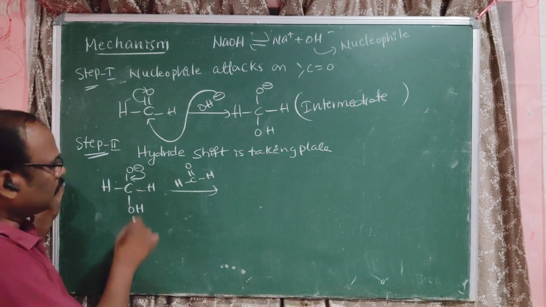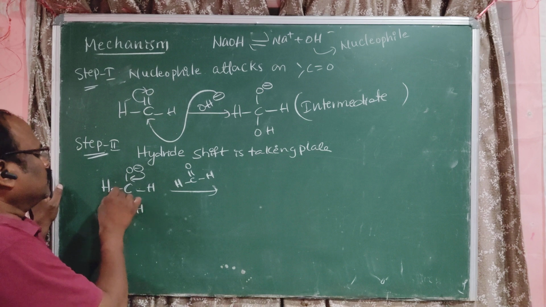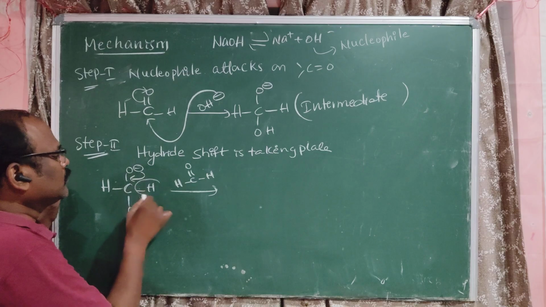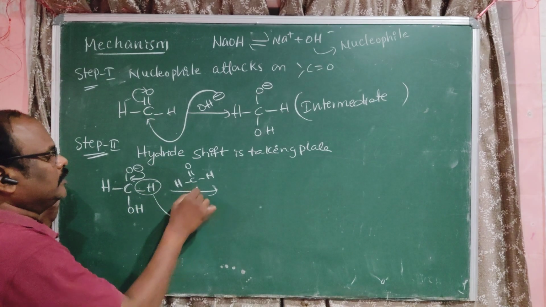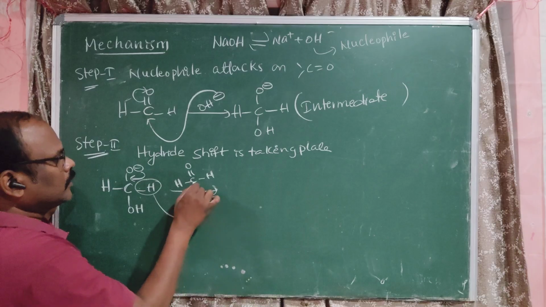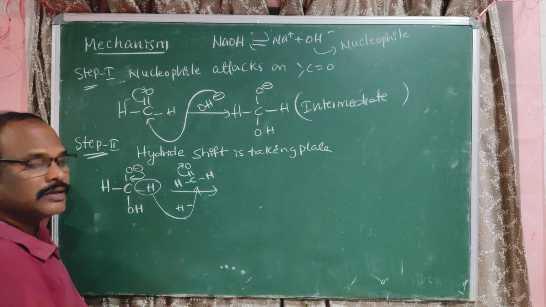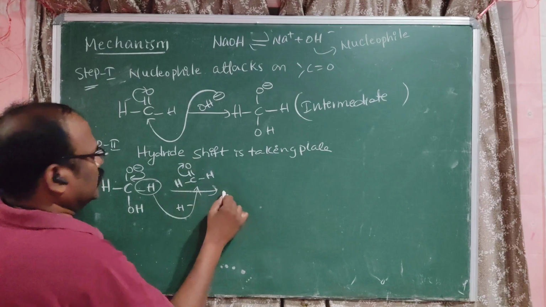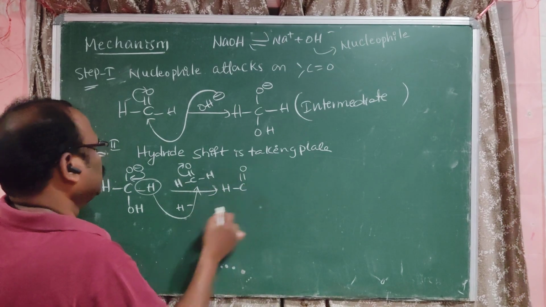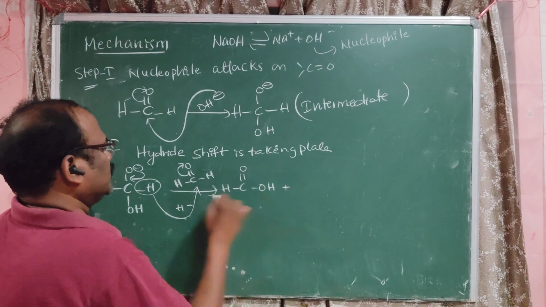Then carbon becomes pentavalent, so this hydrogen goes along with its electrons as hydride, H minus. And these pi electrons migrate to this oxygen and oxygen gets a negative charge.